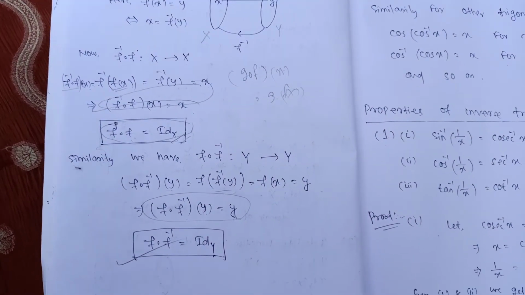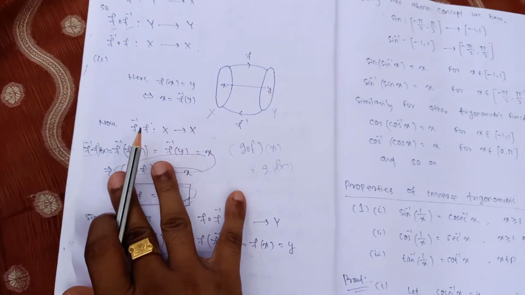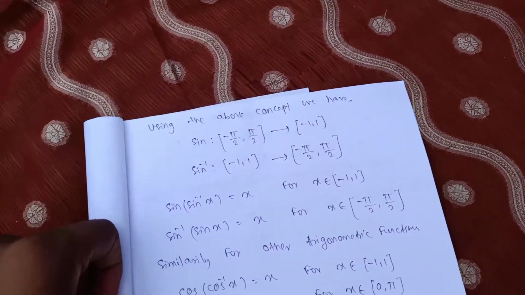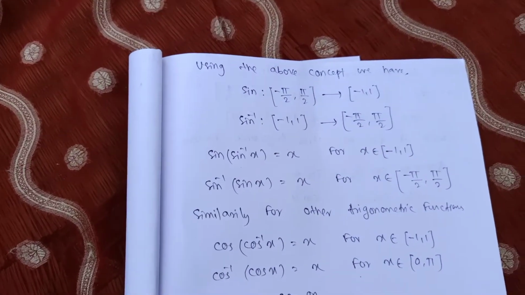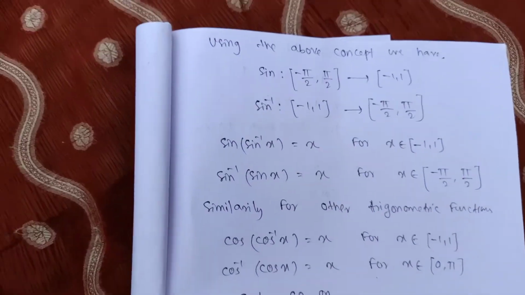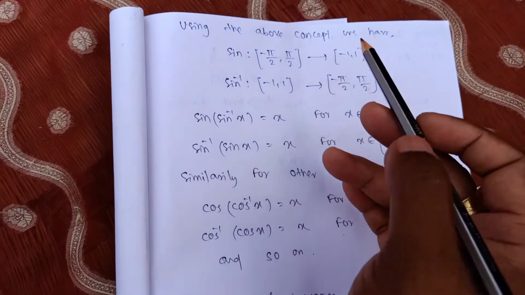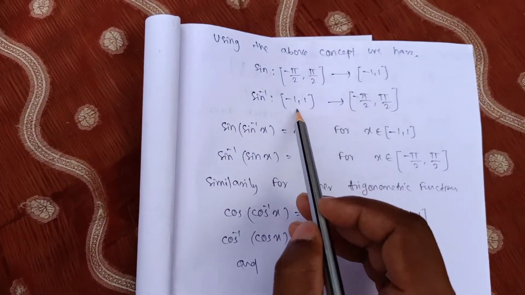Okay. So based on this concept, we have this concept. As you know, the sine function is from the closed interval minus pi by 2 to pi by 2 to the closed interval minus 1 to 1, and of course its inverse is from this to this.